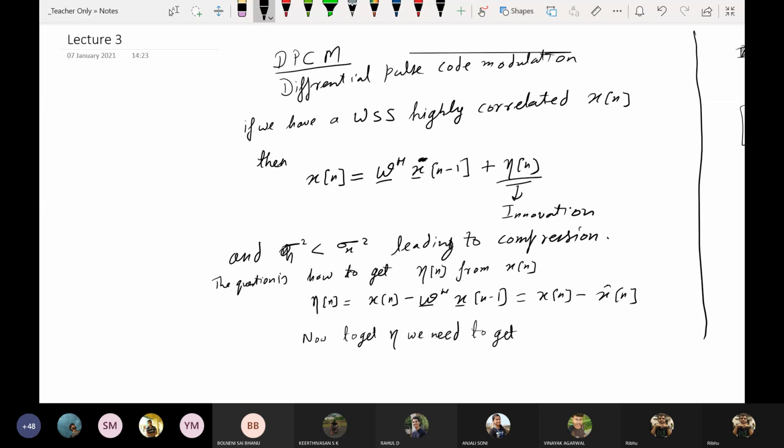So now to get eta, we need to get x hat n, right? And to get x hat n, we need w, right? And at the same time, we want the variance of eta to be minimum possible to get the best compression out of it.